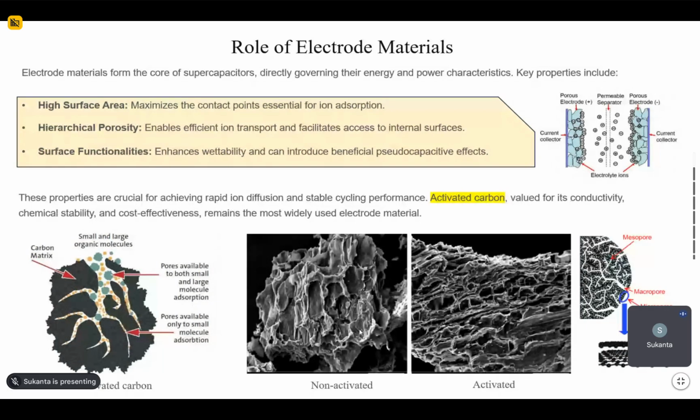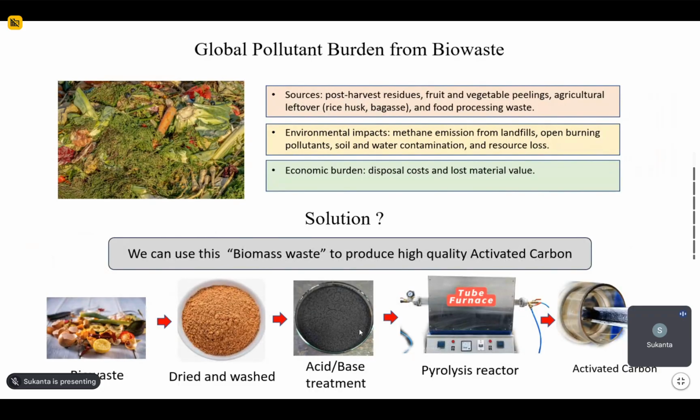So we generally prepare this activated carbon from the bio-waste, global pollutant burning residues, fruit and vegetable peelings, and agricultural leftovers like rice husk, whatever we just throw away.